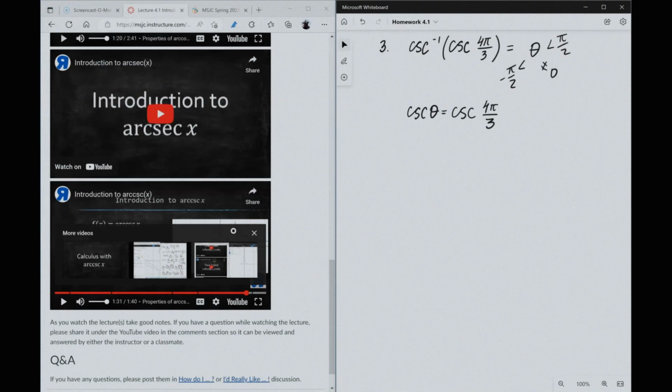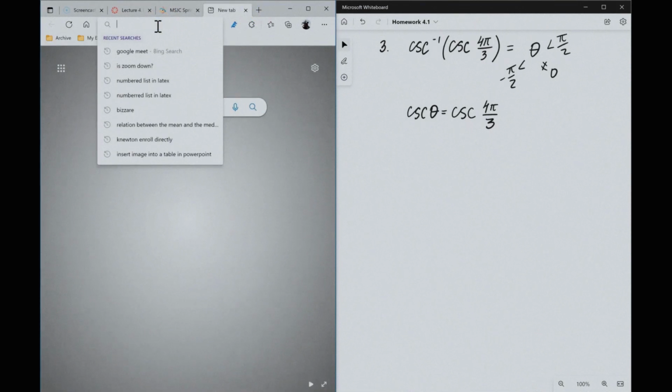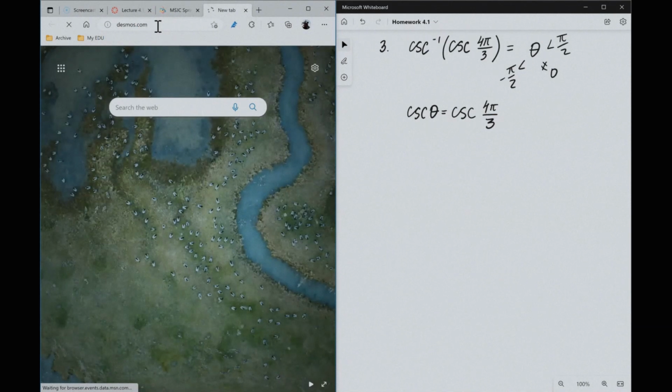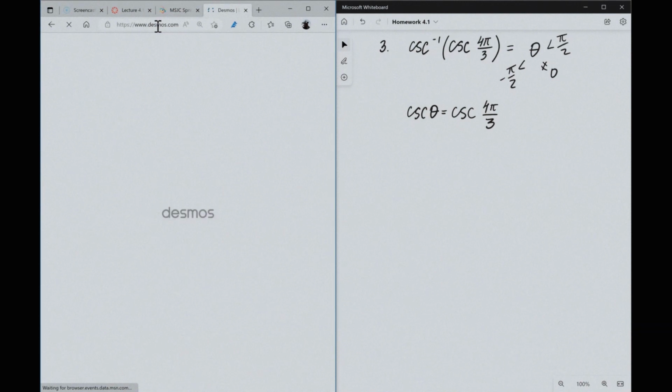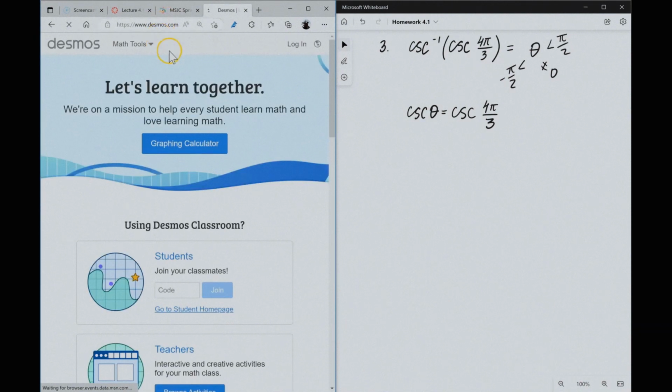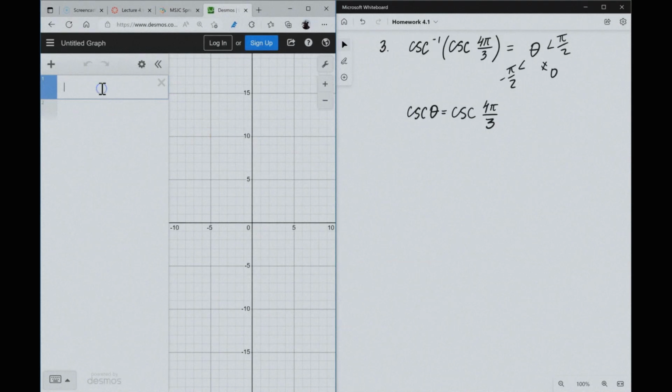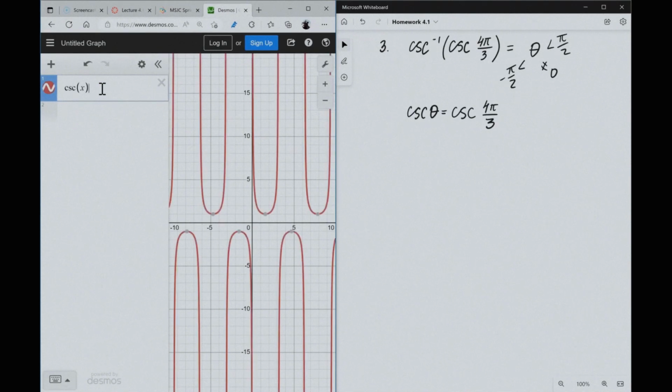Now, an alternative approach to the unit circle will be to actually graph this function, and let's go here and try Desmos. So we're looking for a value between negative pi over 2 and pi over 2 that is equal to cosecant of 4 pi over 3. So let's graph the function. So we have cosecant of x.